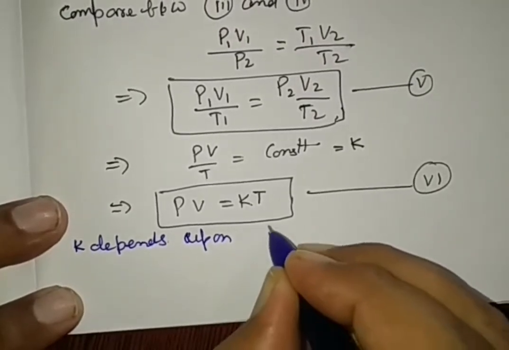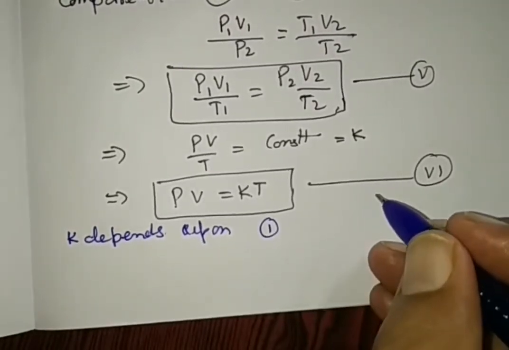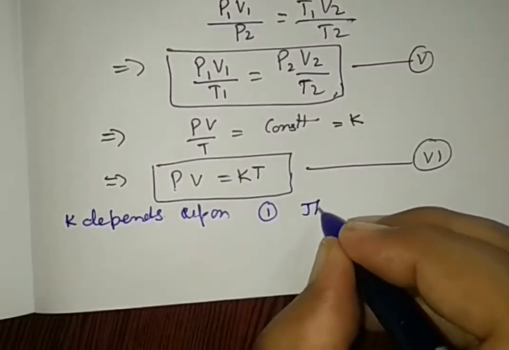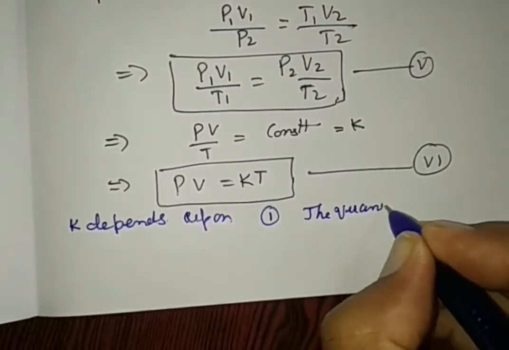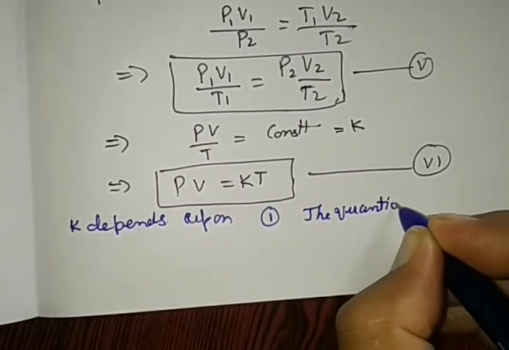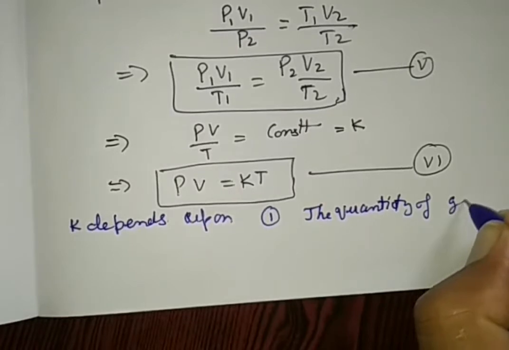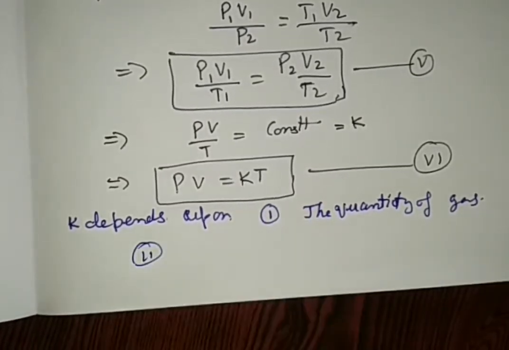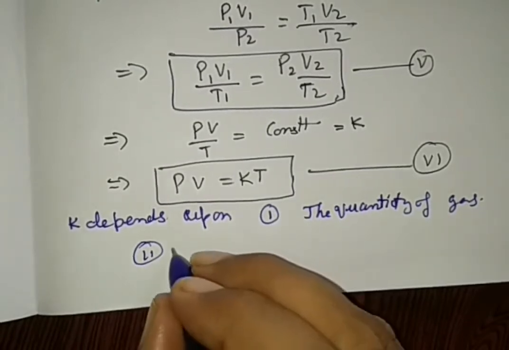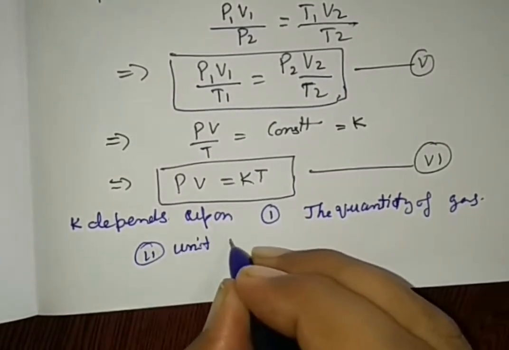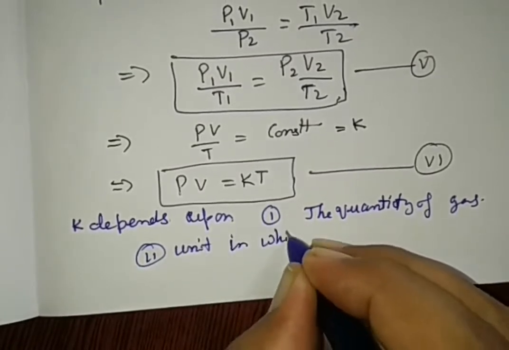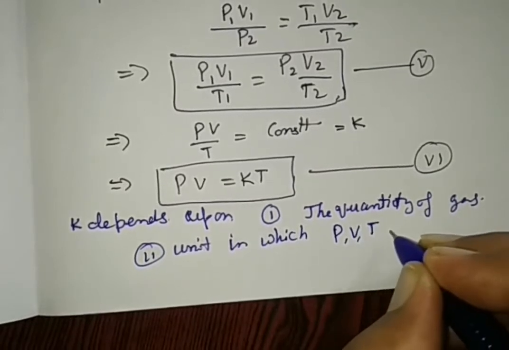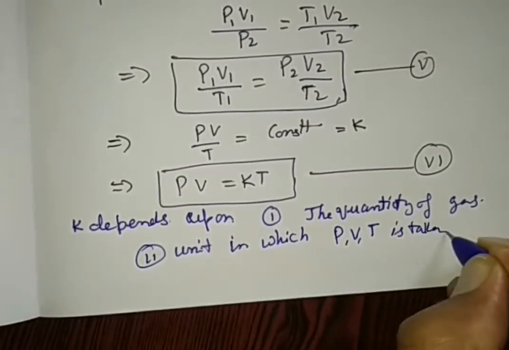One is the quantity of gas, and the second is the unit in which P, V and T are taken.